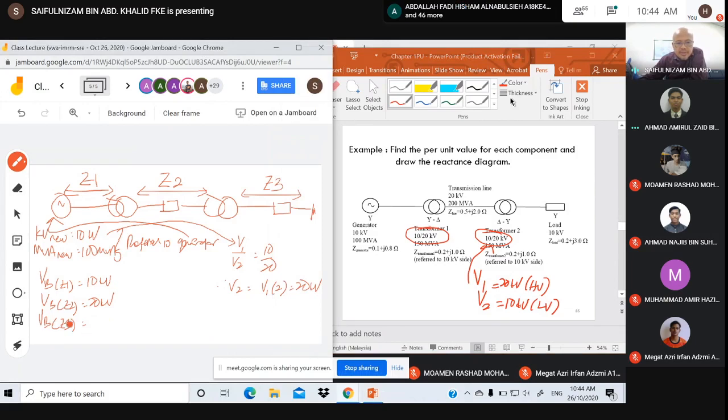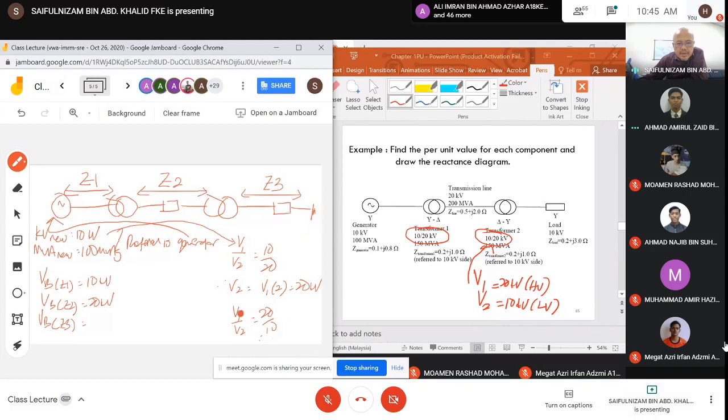Okay, the base voltage on zone 3 is the same. You want to find it again? Let's say V1 over V2 equals 20 over 10, right? In this case, V1 corresponds to 20 kV.